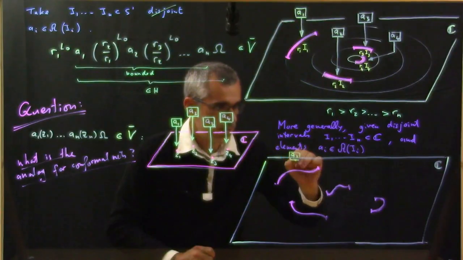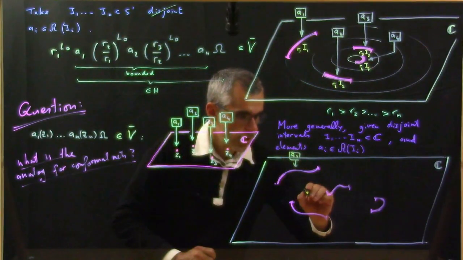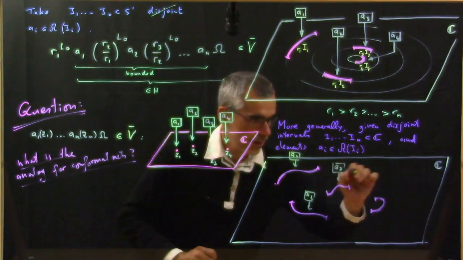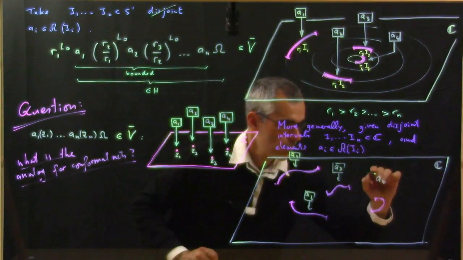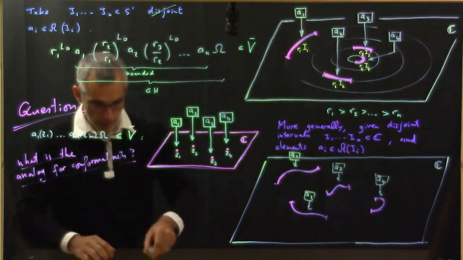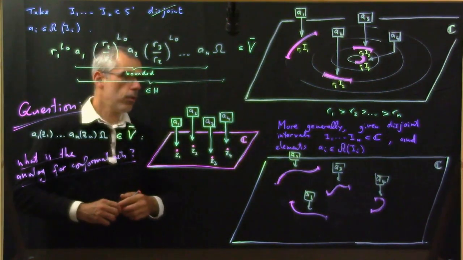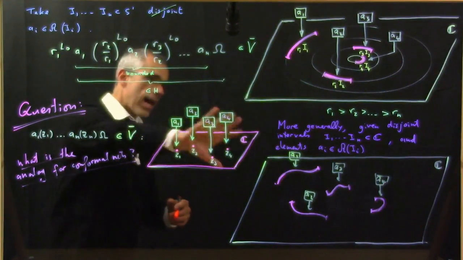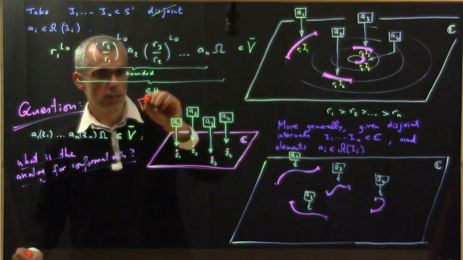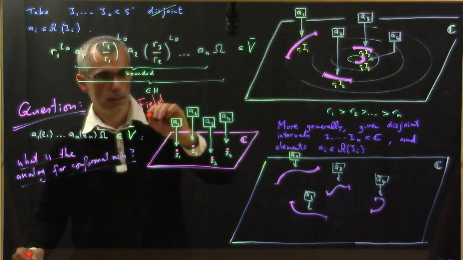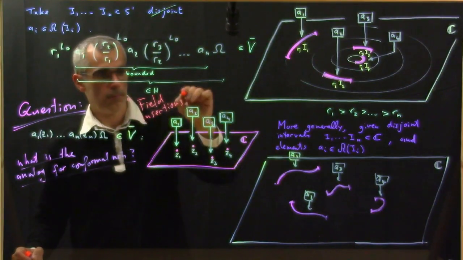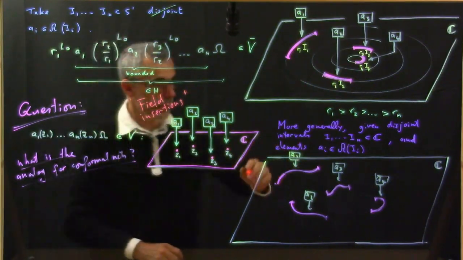So you put this one here, and you put this one there. And so these are called field insertions. And I like to call these worm insertions.